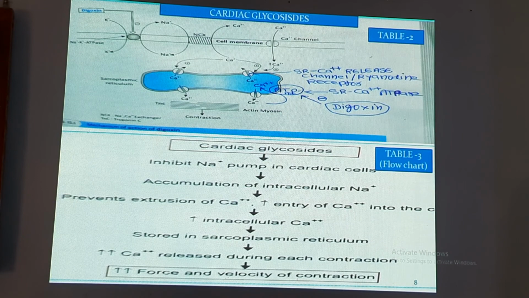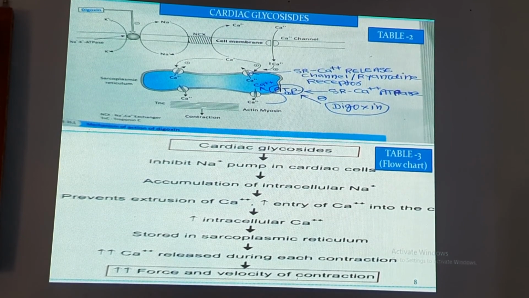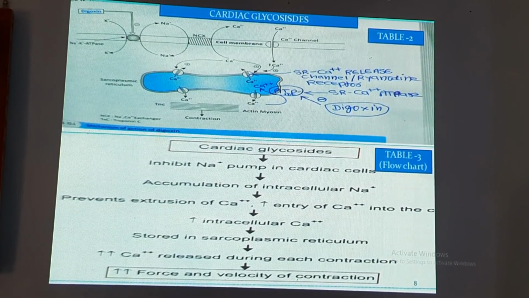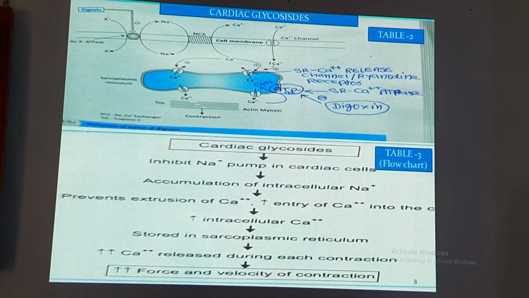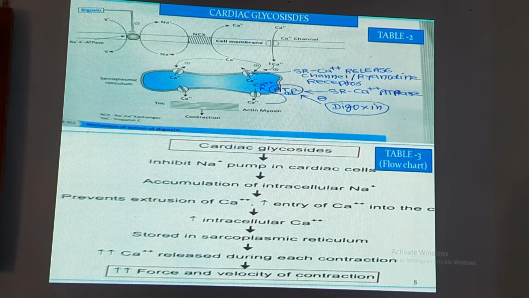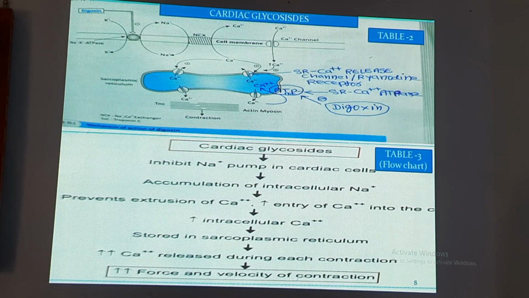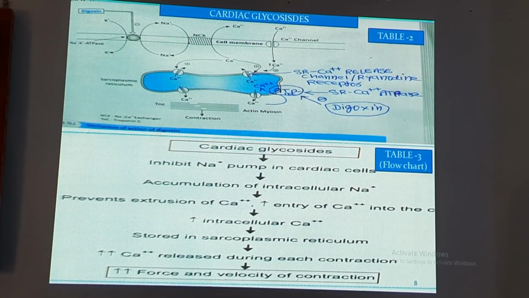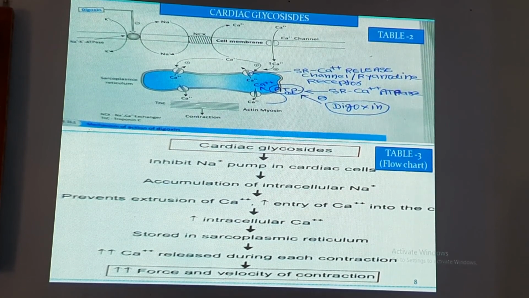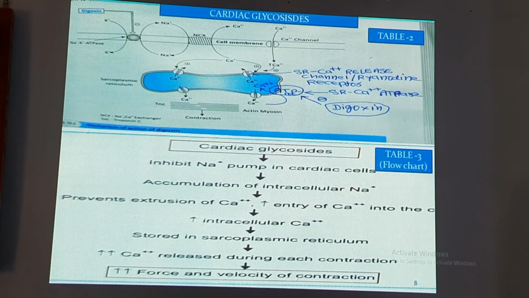So on increased calcium ion concentration, the ryanodine receptor is activated, which leads to increased release of calcium ion from the sarcoplasmic reticulum. All this increased intracellular calcium ion causes active myosin contraction. So myocardial contractility is enhanced, and the force of contraction is enhanced.